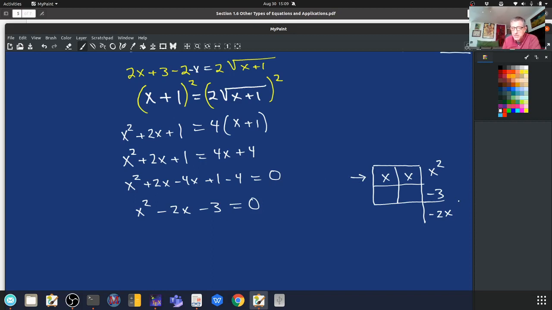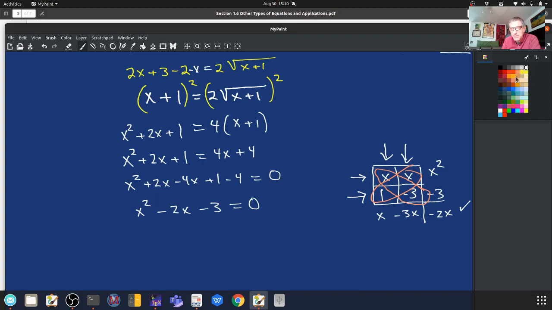And for minus 3, I only have one choice, 1 and minus 3. So if this doesn't work, because 3 is prime, I guess I could do minus 1 and 3. That's the only thing I can try. So this is x minus 3x, and x minus 3x is indeed 2x. So the factorization worked. Here are my two factors.